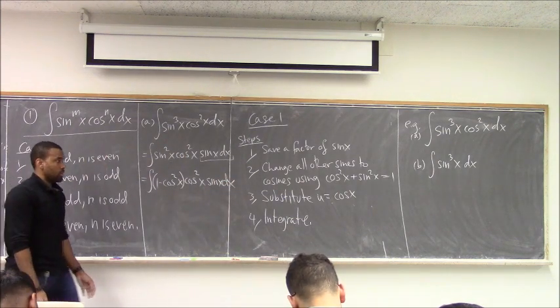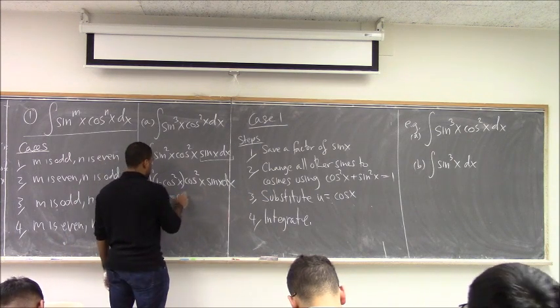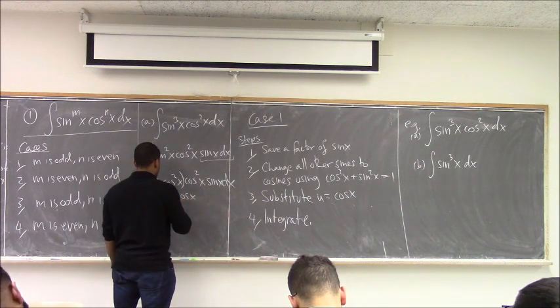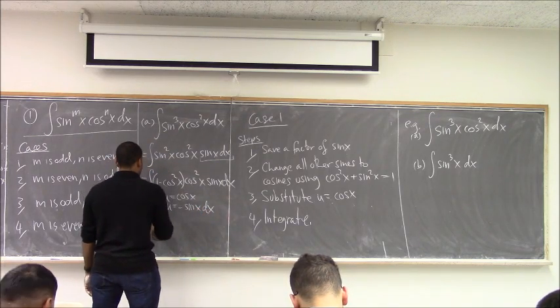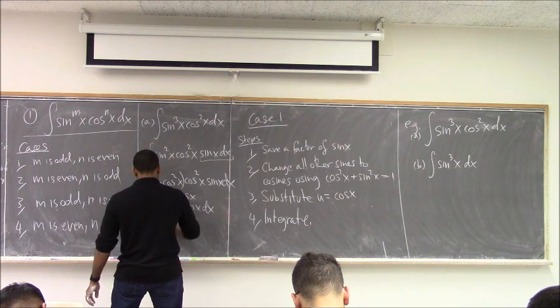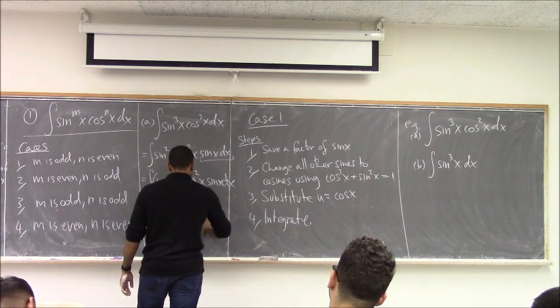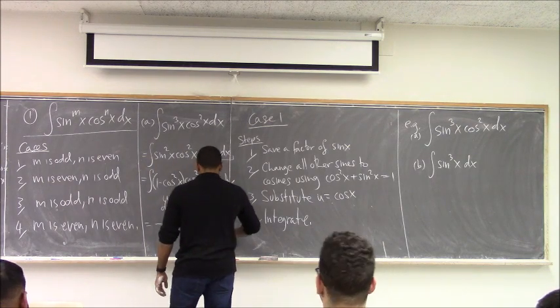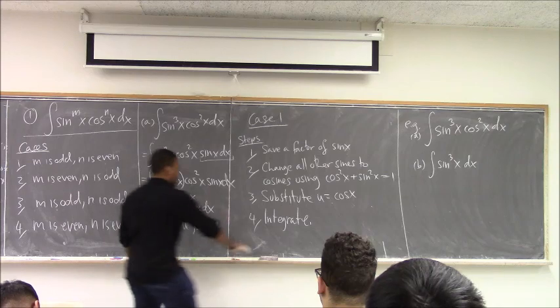And at this point, third step, substitute. u equals cosine, and your du is going to be minus sine of x dx. So you are going to get minus the integral of 1 minus u squared times u squared du. And that's an easy integral to do, hopefully.